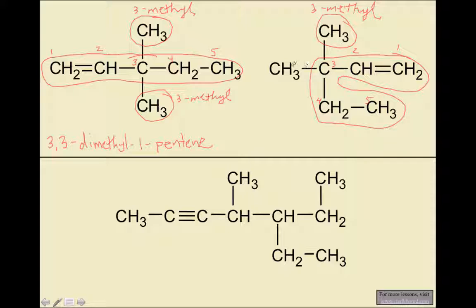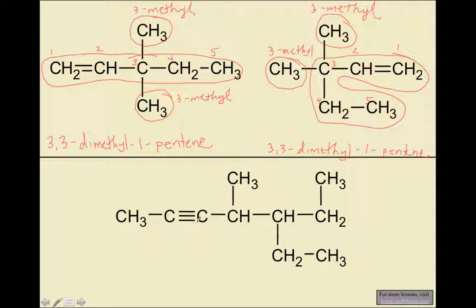On the third carbon here I have a methyl group, which makes this 3-methyl. And the name of this, 3,3-dimethyl-1-pentene. And as you can see, it's the same as this. They're the same, just drawn two different ways.